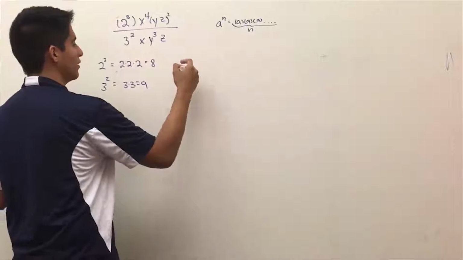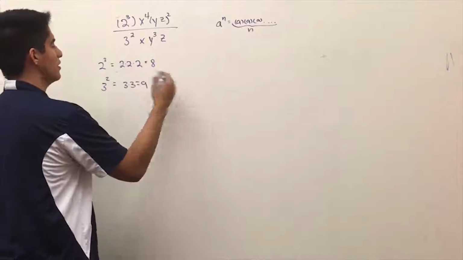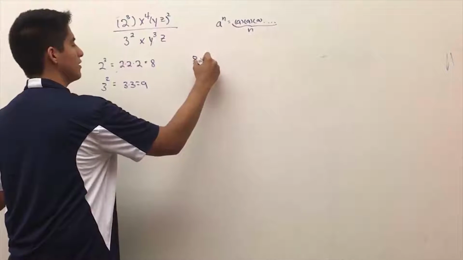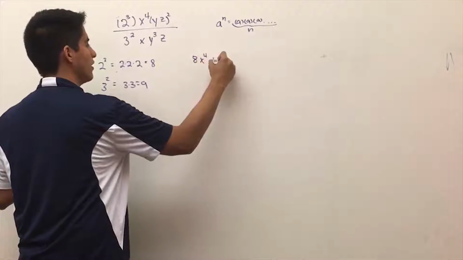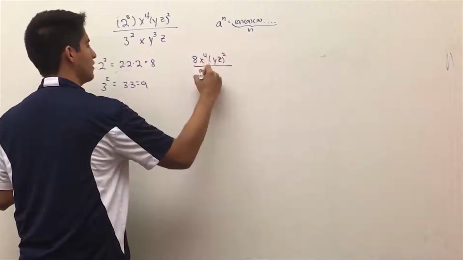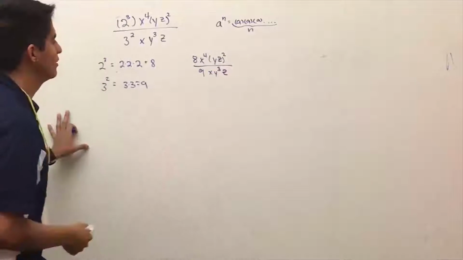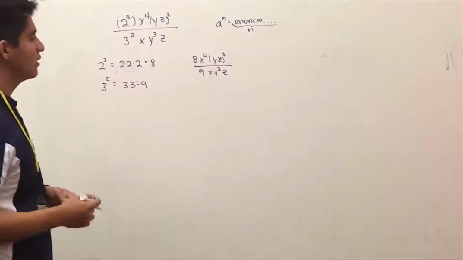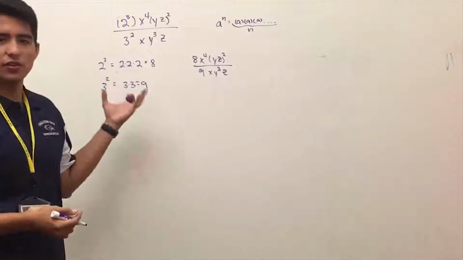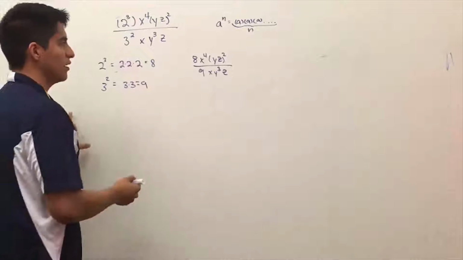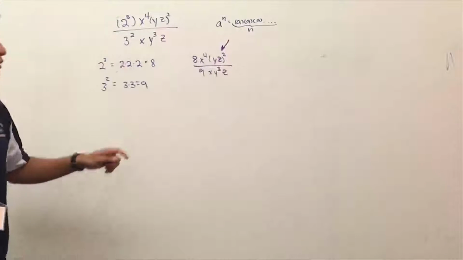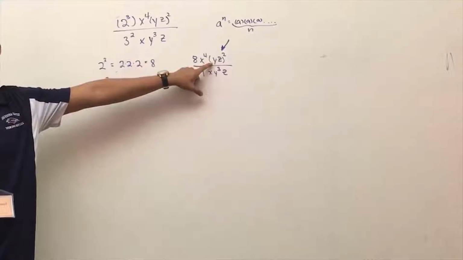If we rewrite the function that was given to us, it can be rewritten as 8 x to the 4th, y times z to the squared, divided by 9, x times y to the 3rd times z. Now, the next step is we can actually use the third law of exponents, specifically here in the numerator in yz to the squared.